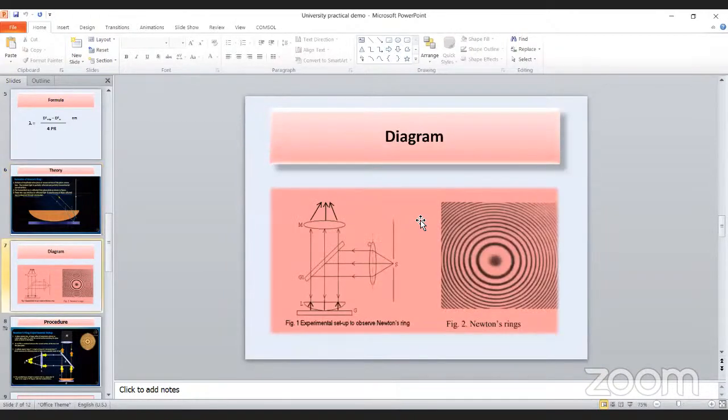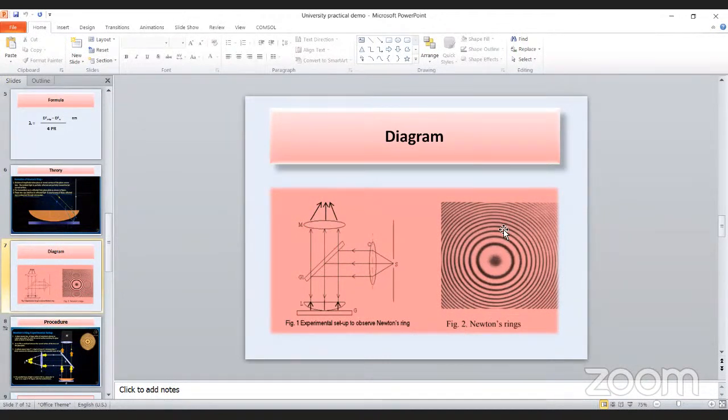Then next is our diagram. This is the experimental setup of Newton's rings. The experimental arrangement consists of a monochromatic source of light, a convex lens, this is the plano-convex lens, then plain glass plate G, then plain glass plate G1, and this is a traveling microscope. From this traveling microscope we can observe Newton's rings.